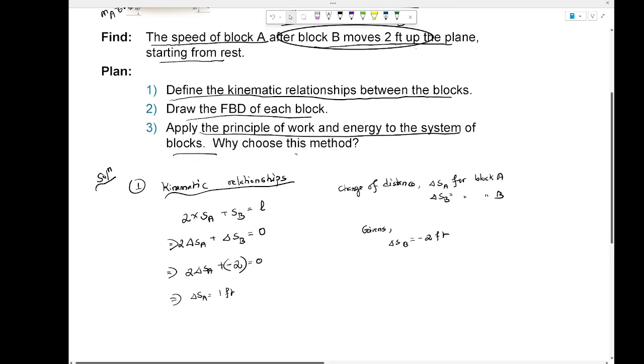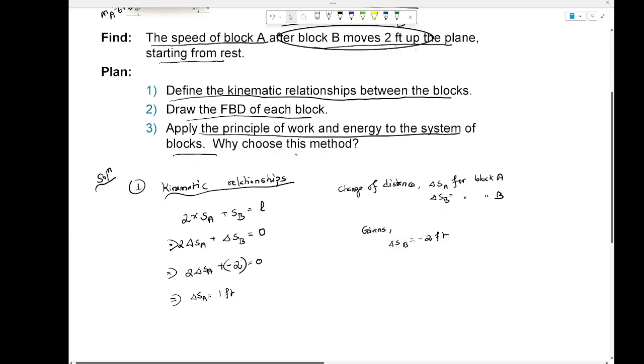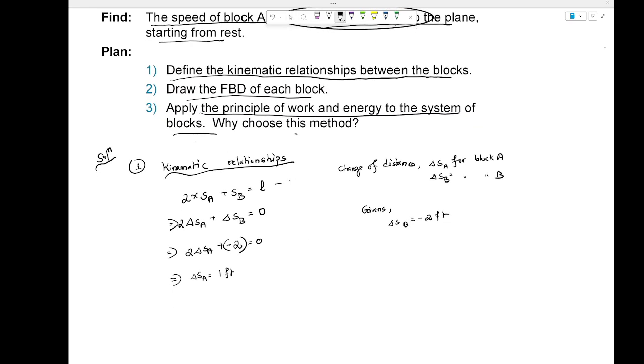Now can you find the velocities as well? The relationship of the velocities? So this is your equation. Let me name it equation number 1. So from equation 1, this 2SA plus SB equal L. Now, can you do the derivative on both sides? Derivative with respect to time t.